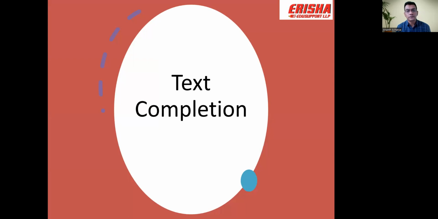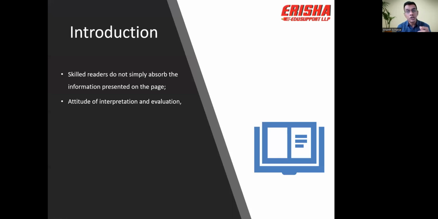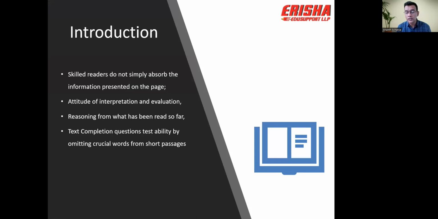Text completion. This is a set of questions which will test you on your understanding of various vocabulary. This particular set of questions is not here to test your reading skill, because skilled readers do not just absorb information that's presented on the paper. They in fact go deeper. They try to understand the meaning. They try to interpret and evaluate the meaning.